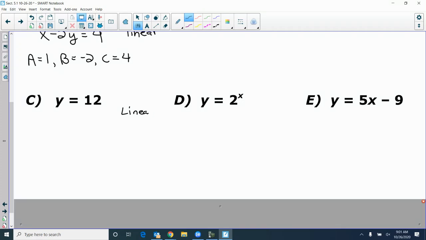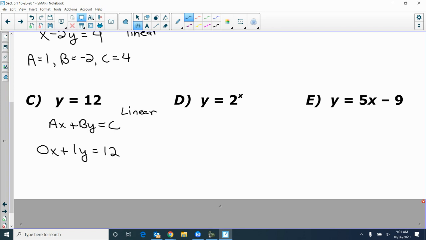Now, for linear, you need to be able to write it as Ax plus By equals C. But you're going, well, there's no x. It's okay to be missing one of the letters. Can't be missing both of them, but you can be missing one of them. Because I can take this and say that's 0x plus 1y equals 12.